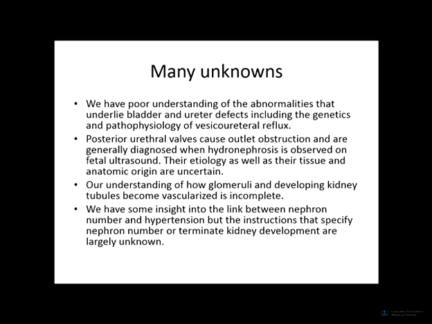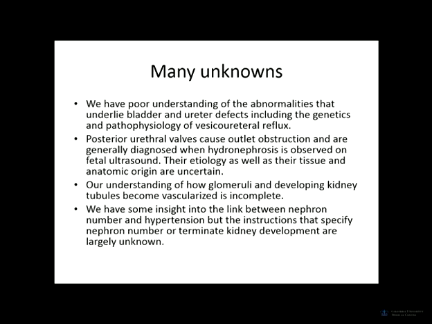The posterior urethral valves cause outlet obstruction, and these are generally diagnosed when hydronephrosis is observed on ultrasound. But we don't have insight into their etiology, and we don't really know the tissue of origin. They may be remnant sex ducts, or they may be abnormal growth of the tissues we've been talking about here.